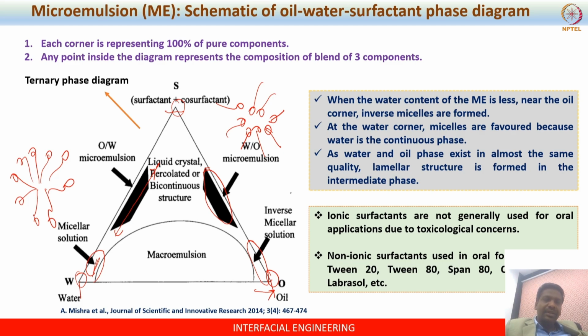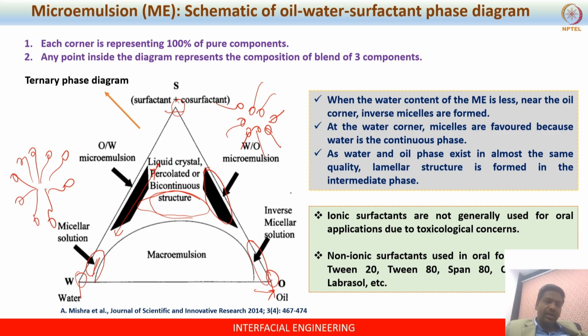If you are in between these two experimental regions, you would get either water-in-oil or oil-in-water depending on the wettability of the emulsifiers. So that depends on the wettability of the surfactants.